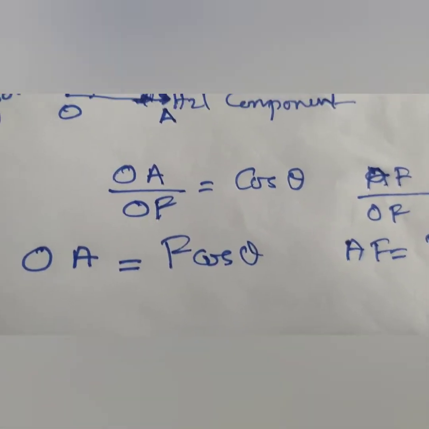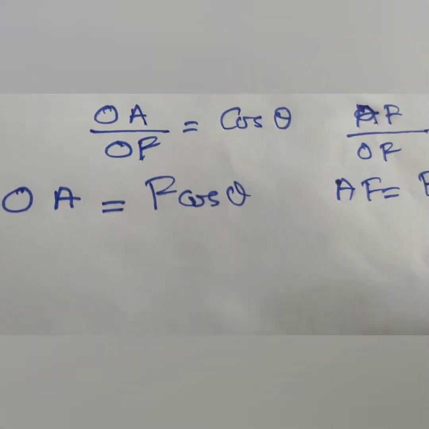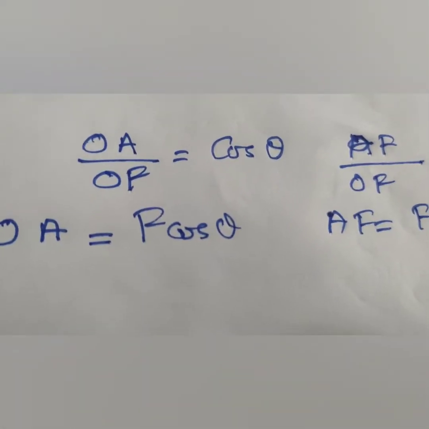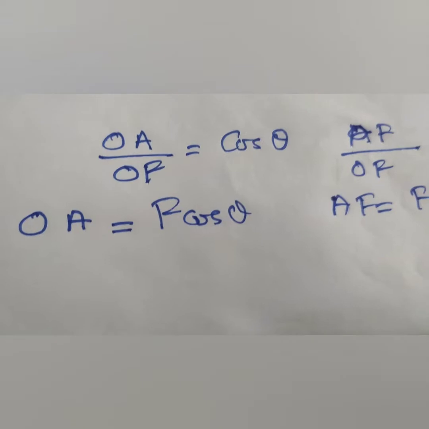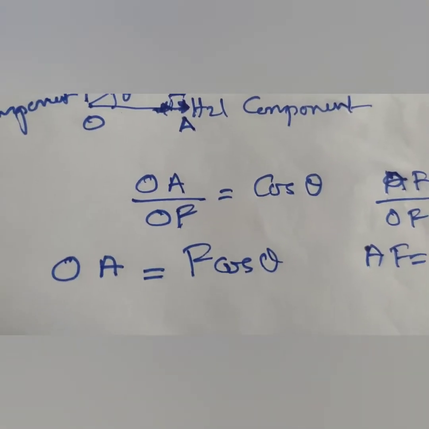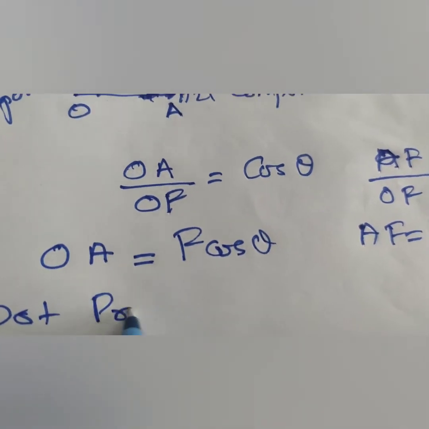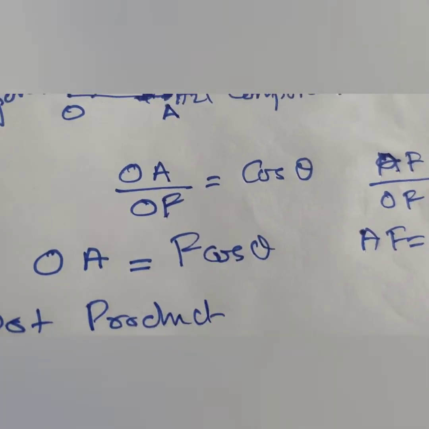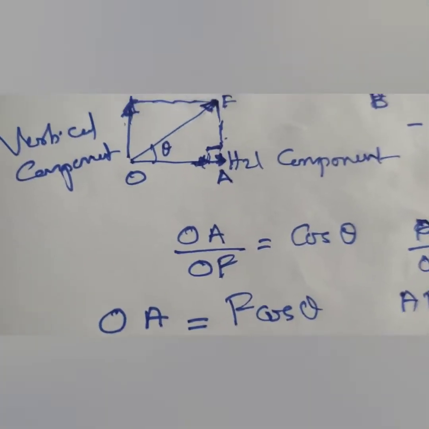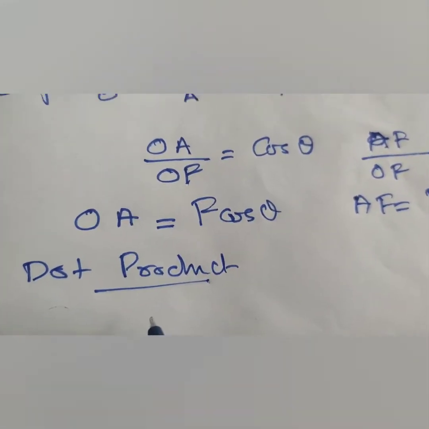Vector addition and vector subtraction we can do. Now we go to the dot product of vectors. What is the dot product?